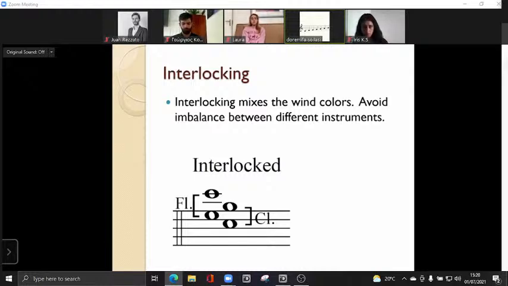But if you do that with different instruments and in different registers, you can have problems with the balance of the instruments. For example, it's problematic to use the oboes in the lower register, because remember that the oboes in the lower fifth will overshadow the flutes, and you will not have the balance you are looking for.